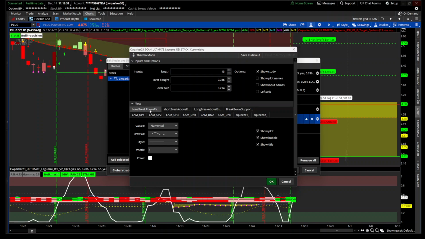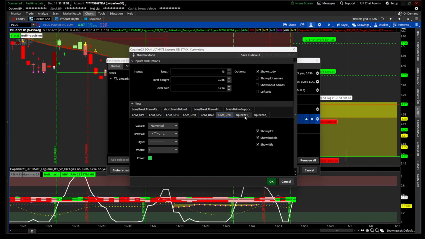So you can do a long break above resistance, short break above entry line, long break above entry line, and break below support line. So break below entry line, and you have Cam Up, Cam 1, Cam 2, and you can find those in the Laguerre RSI.